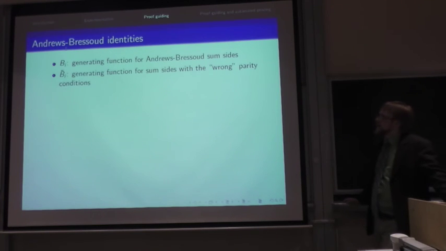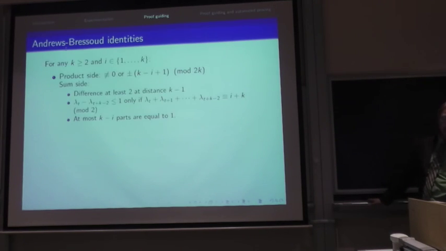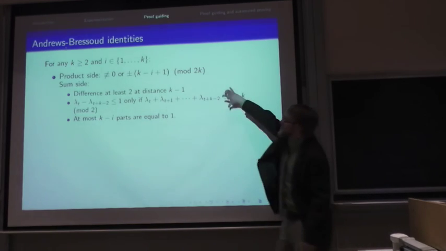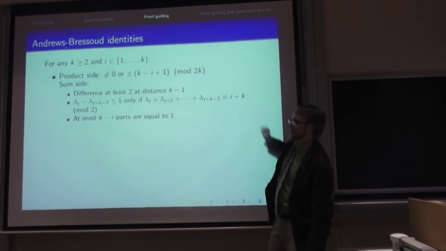It took a while, but computer experimentation was key to getting this going. We ended up looking at, so we let b sub i be a generating function for the sum sides, and b i tilde was going to be a generating function for sum sides with the wrong parity condition. So just copy paste all of these lines here and add in a plus 1 right there.